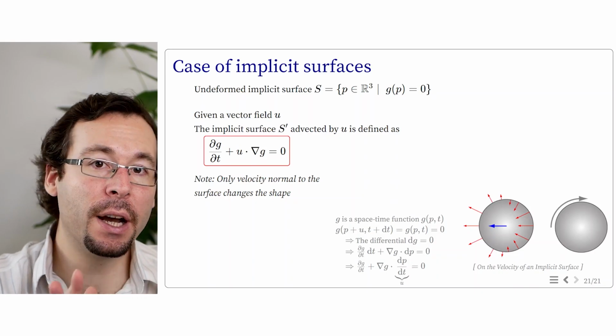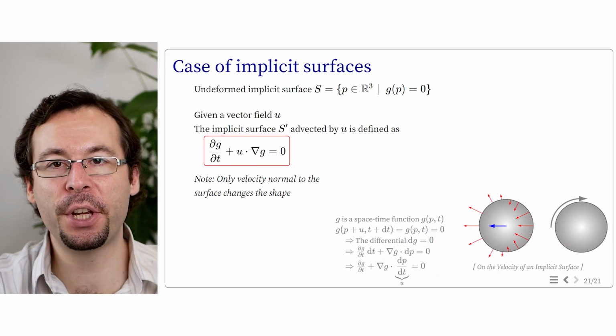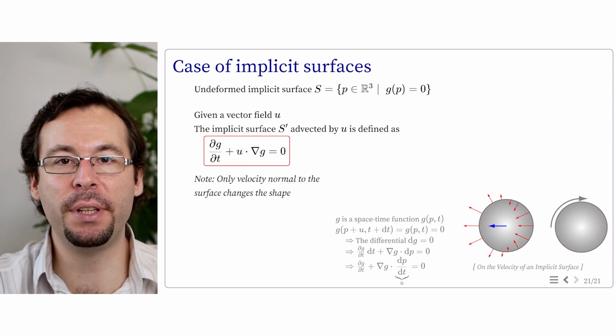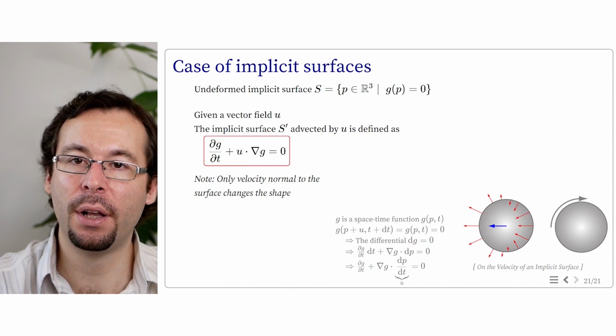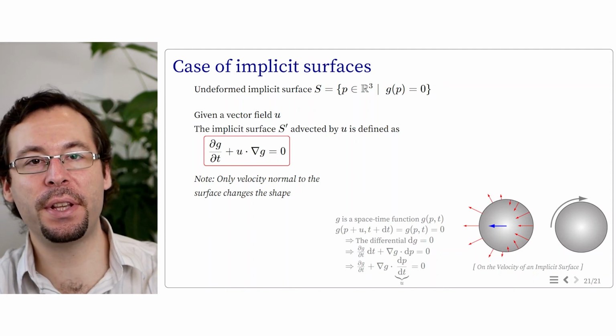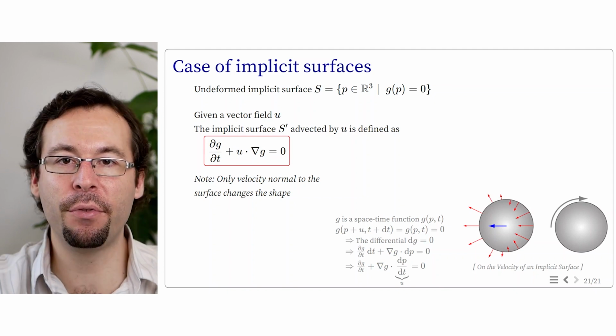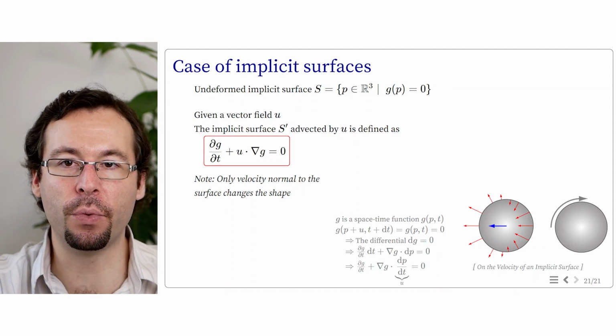Finally, similarly to the case of parametric deformation, we can wonder if we can apply vector field deformation to an implicit surface and how. So we consider an implicit surface to be defined by the iso-value of a function g, and we consider a velocity field u.